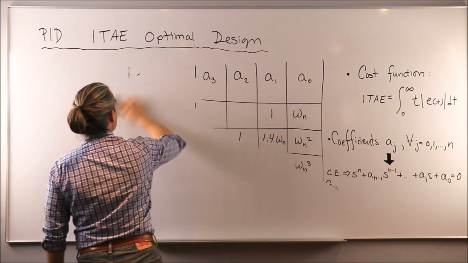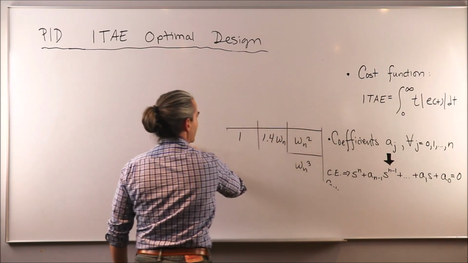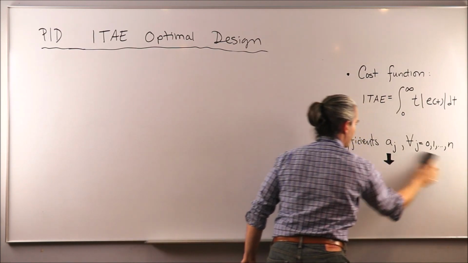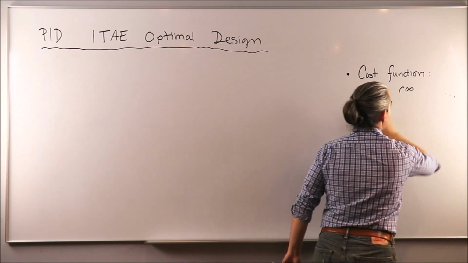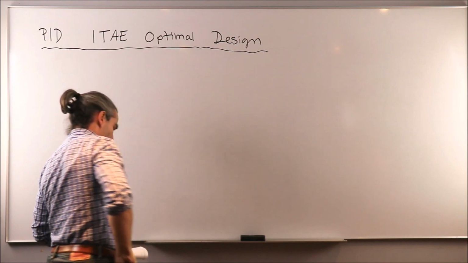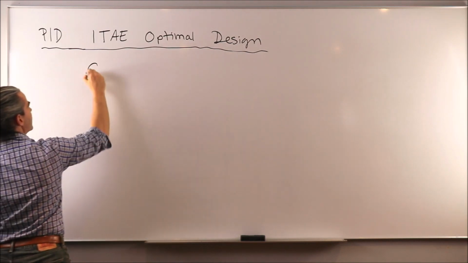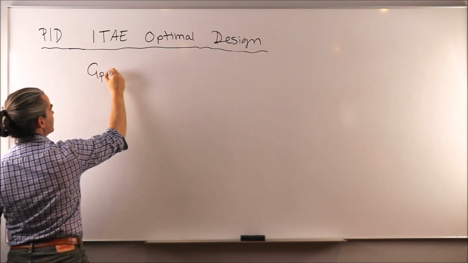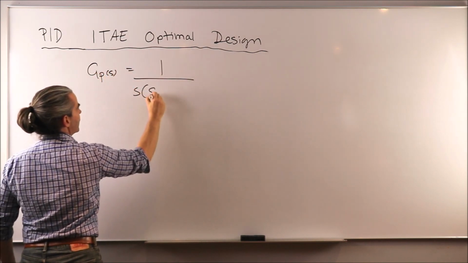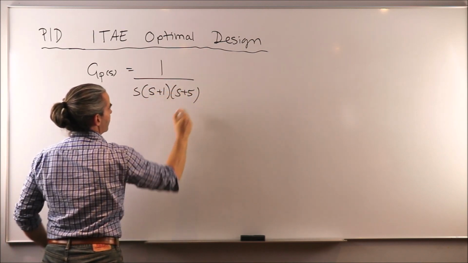And let's see how we can optimize the control parameters in order to minimize the ITAE criteria. So, if you go back to what we had, that was our transfer function of the plant, 1 over s times (s plus 1) times (s plus 5).